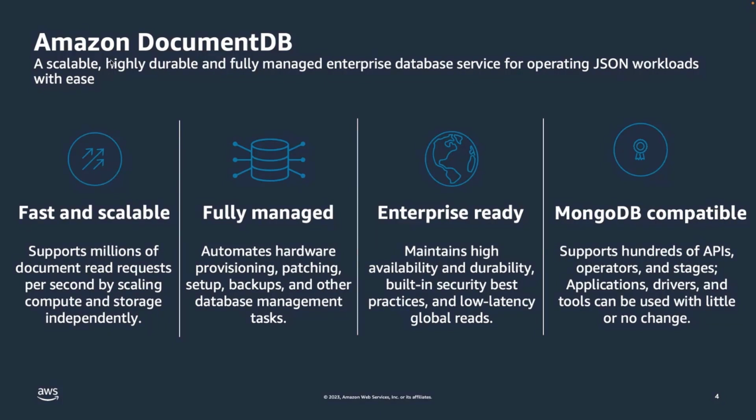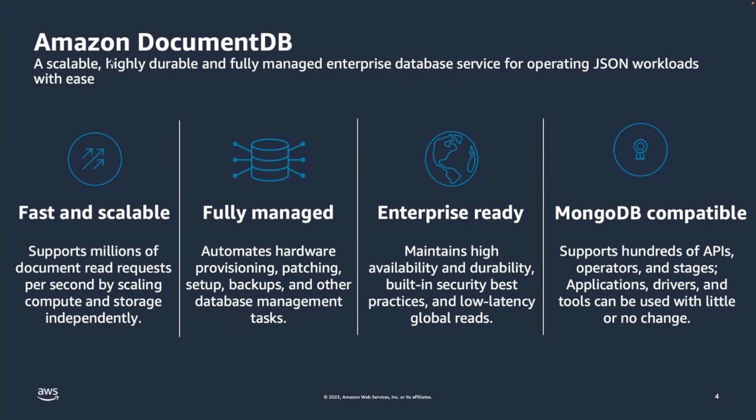We're fast and scalable in that we support millions of read requests per second by scaling compute and storage independently. Our service is fully managed, which means that we automate hardware provisioning, patching, setup, backups, and other database management tasks. We're enterprise ready. We focus on security. Security is job one here, and our service ultimately offers high availability and durability as well.